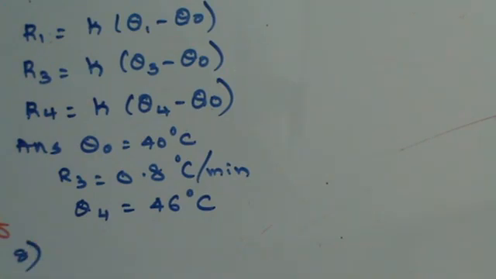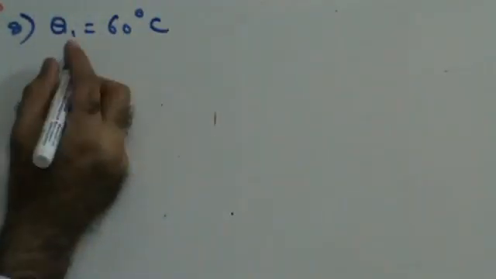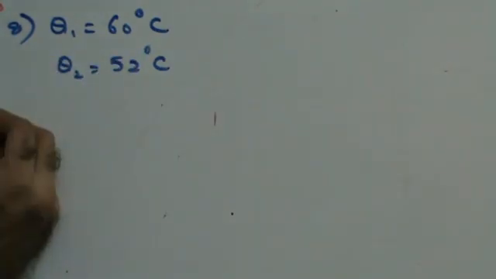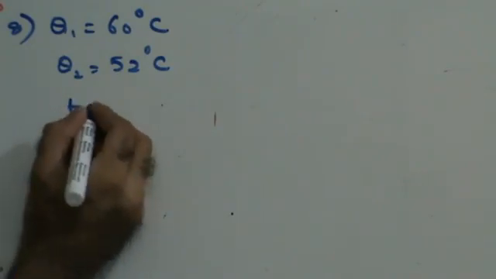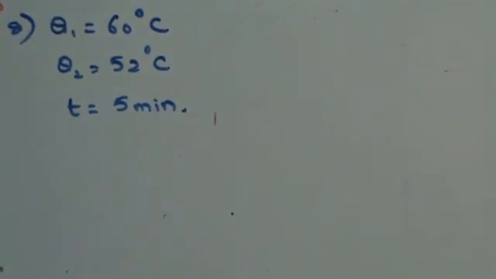A metal cube cools from 60 degrees Celsius to 52 degrees Celsius in 5 minutes, and to 46 degrees Celsius in the next 5 minutes.